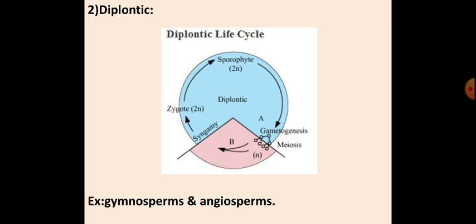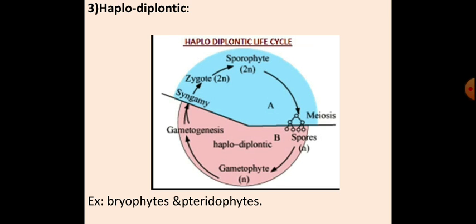So this is called the diplontic life cycle. All seed bearing plants exhibit the diplontic life cycle, that is gymnosperms and angiosperms.